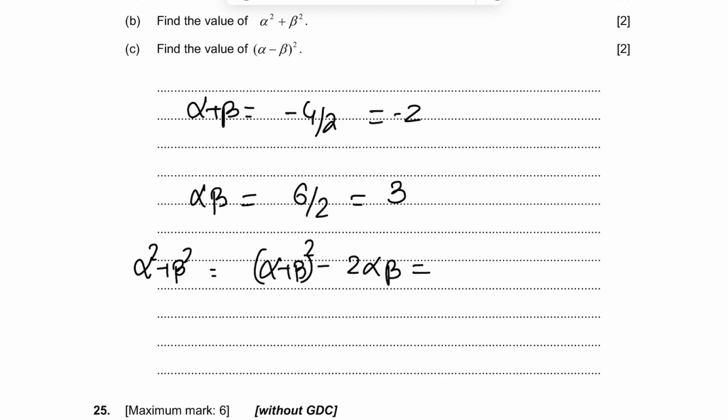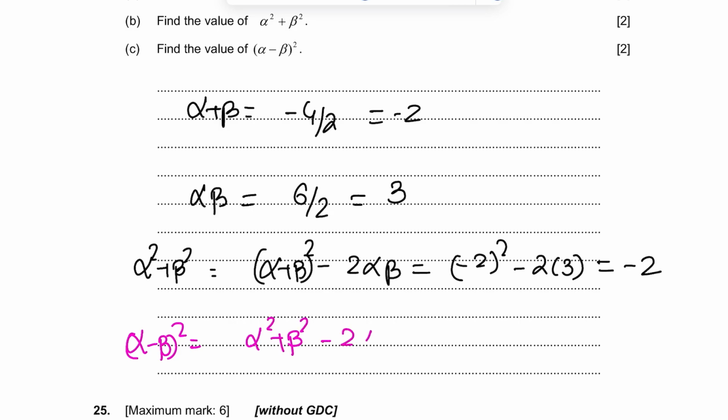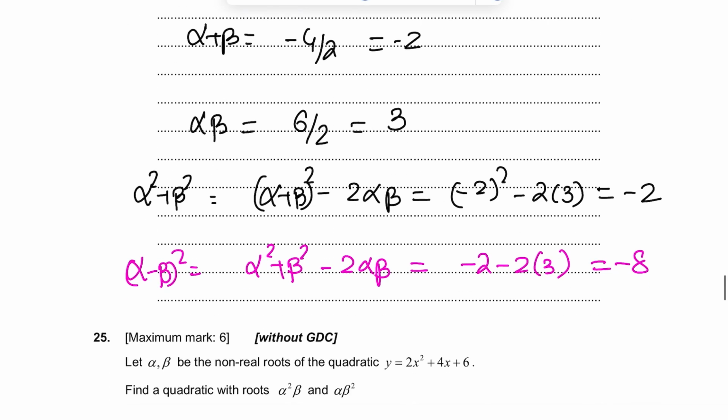So minus 2 whole squared minus 2 times 3, which is nothing but negative 2. Then alpha minus beta whole squared will be alpha squared plus beta squared minus 2 alpha beta. Just now we got negative 2, minus 2 times 3, which is negative 8.